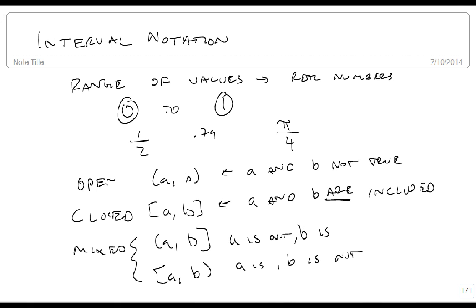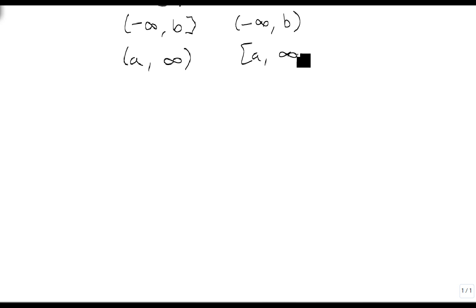We also have the single-sided, where we might go from -infinity to B, or from A to infinity. Notice that the infinities always get an open parenthesis. Infinity is never included. It's a concept, not an actual number.